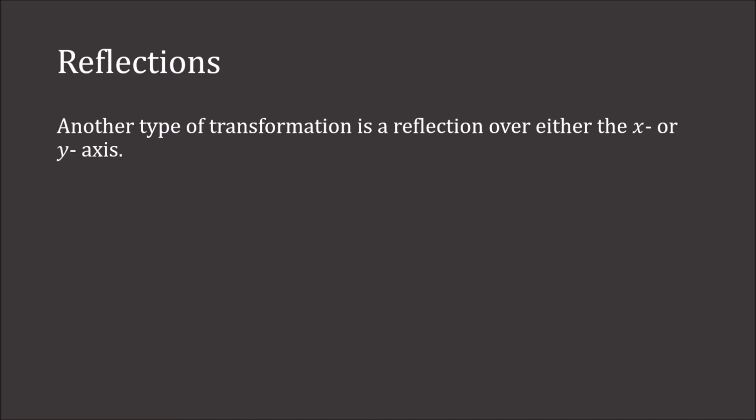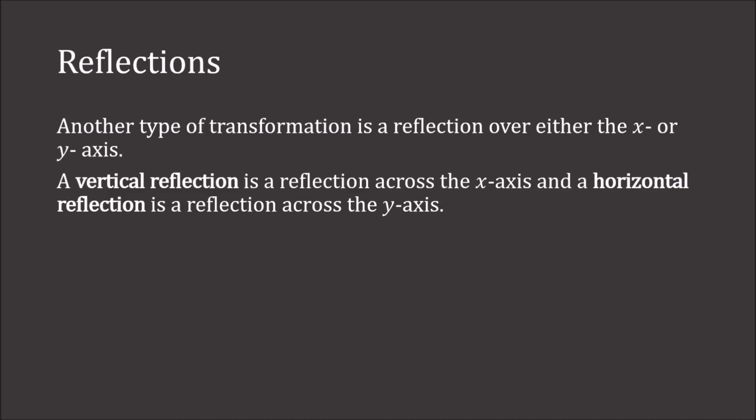So another type of transformation is a reflection over the x-axis or over the y-axis. A vertical reflection is a reflection that occurs over the x-axis, whereas a horizontal reflection is a reflection that occurs across the y-axis.